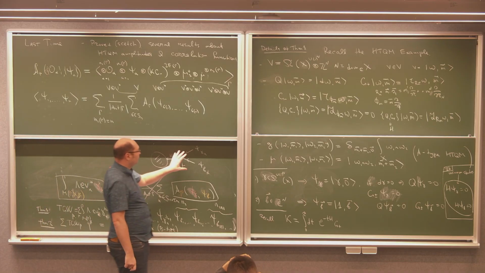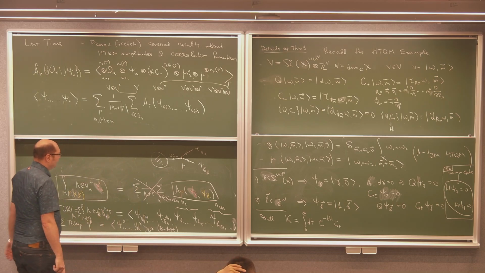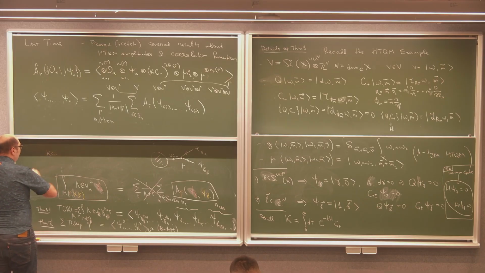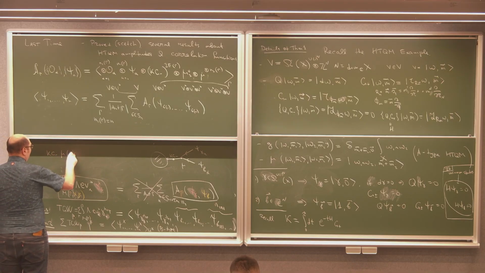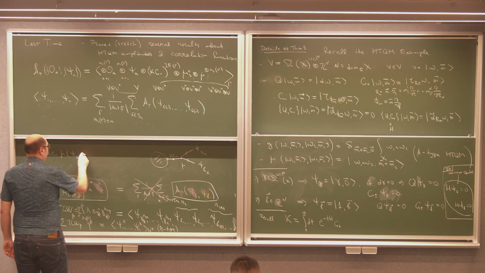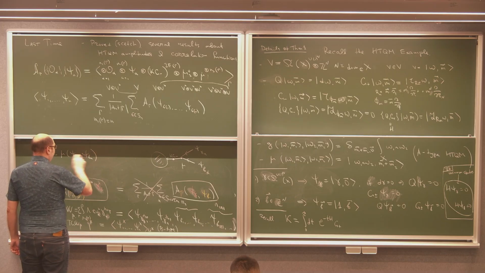So let me first focus on this subtree. We can explicitly write down this state: K g minus mu of psi gamma and psi b.